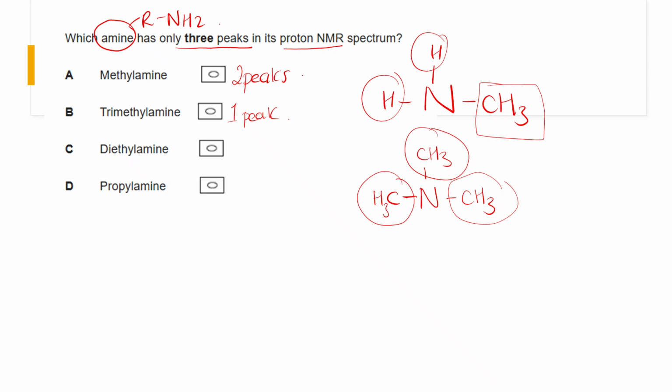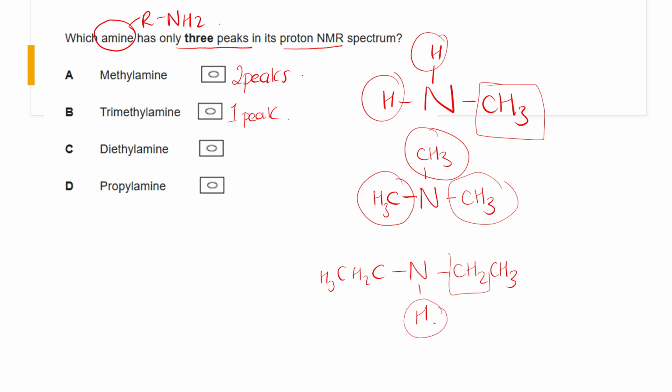Okay, so next one is diethylamine. We have diethyl, so I've got a CH2, CH3 and a CH2, CH3 and 1H. There's a bit of symmetry in this one, so it is going to cut down the number of environments. We've got 1 H on the N, which isn't like the rest of them.